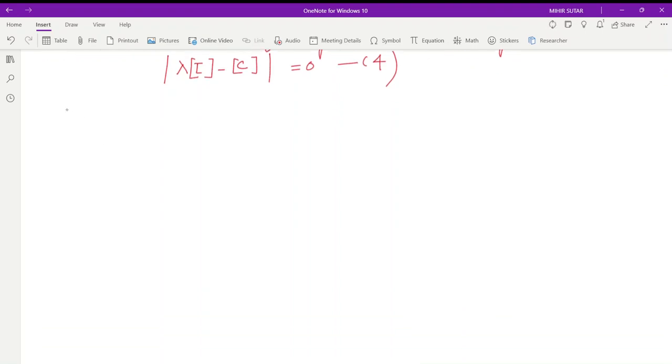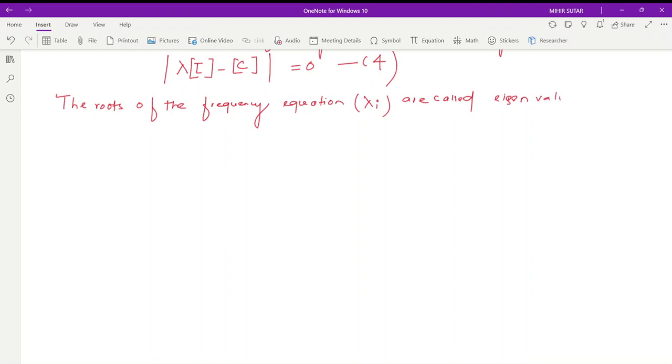Now the roots of the frequency equation, that is your lambda i, are called the eigenvalues, and the square roots of these quantities are the system natural frequencies.